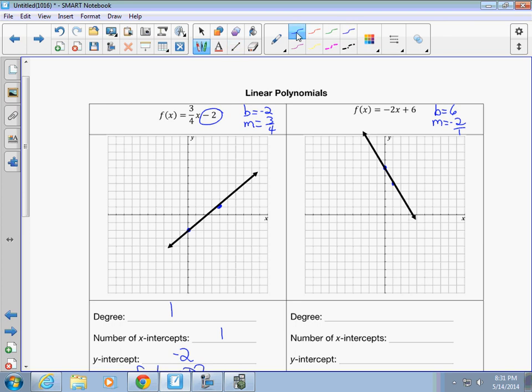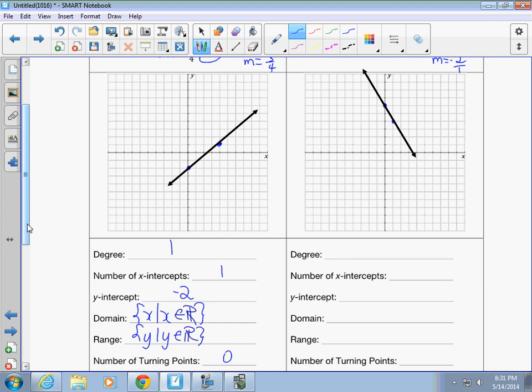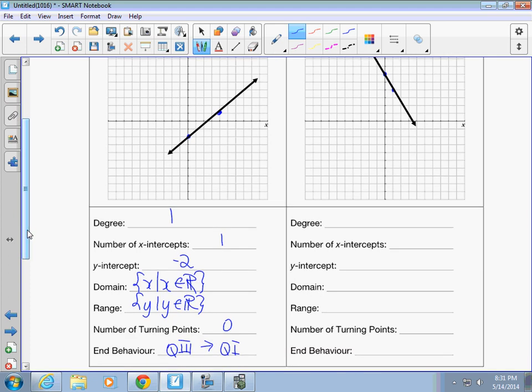So now to fill in my information, my degree for this, it was linear, so it was 1. Number of x-intercepts, crossed it in one spot. My y-intercept was at 6. My domain, because it's a line, it's all real numbers, as is the range.